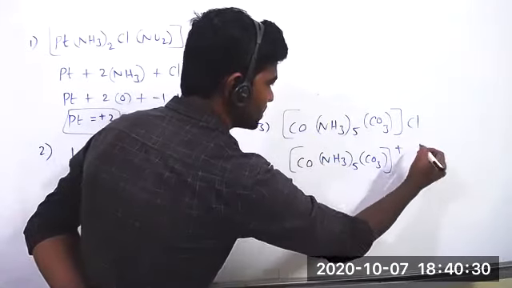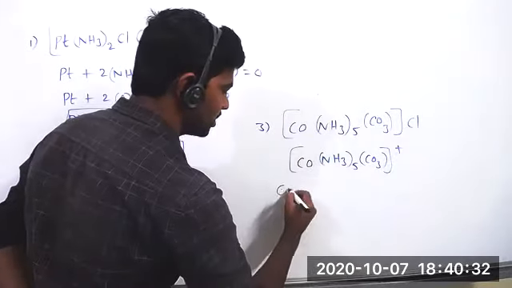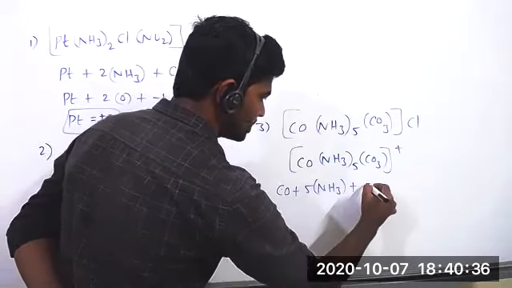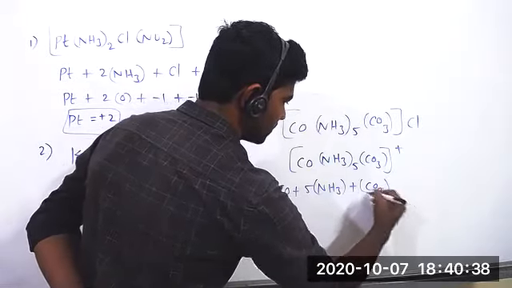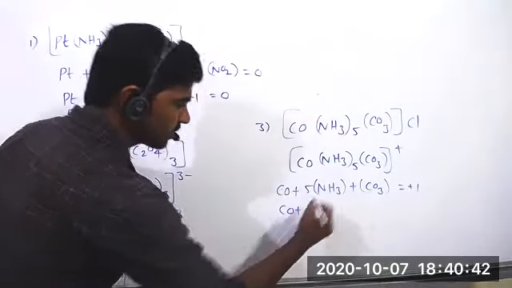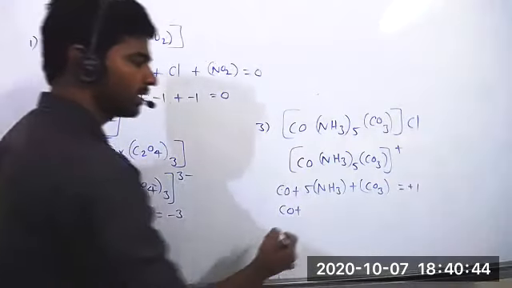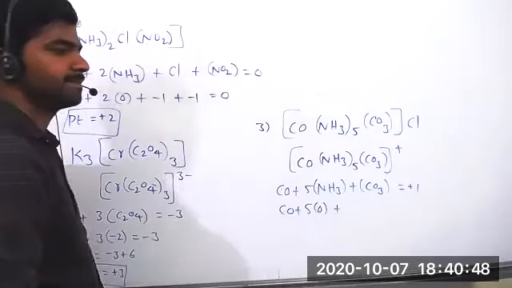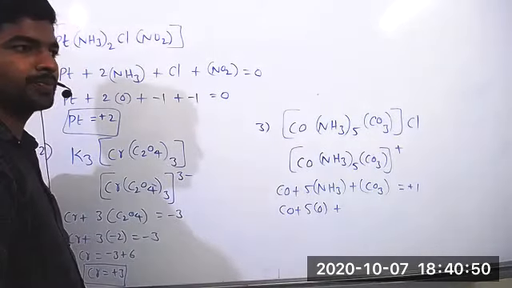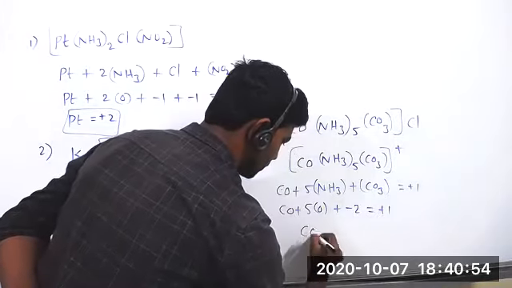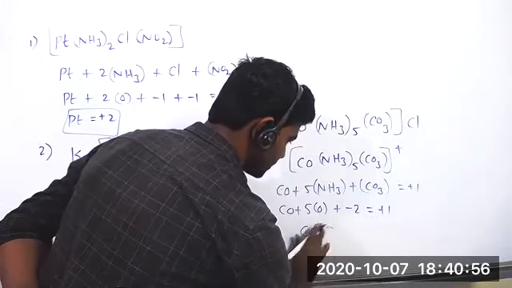Cl minus counterbalance +1. Cobalt plus 5 ammonia plus only 1 carbonate equal to +1. Cobalt plus ammonia, neutral ligand, 0. Carbonate? Sir, -2. Cobalt plus -2 carbonate equal to +1. So cobalt +3.